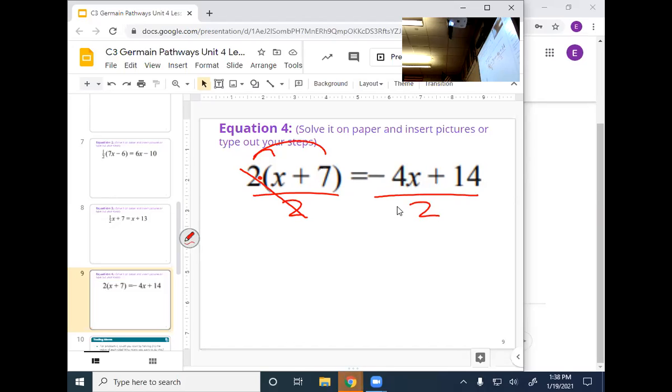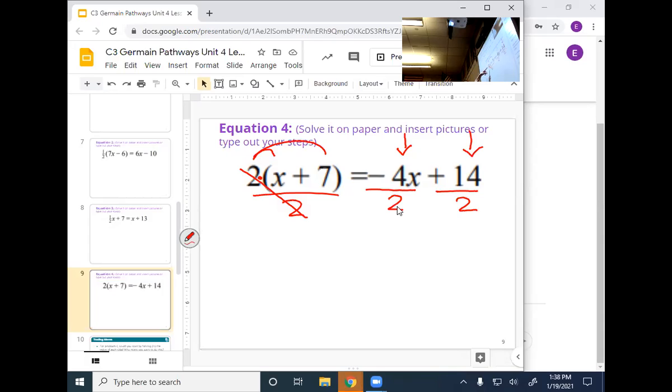And yes, that is correct, but let me show you a better way of saying that. You have to divide both of these pieces individually by 2. So I would suggest you write it like this: divide by 2, divide by 2. Because you need to divide both pieces by 2 to maintain equality. You divide by 2 on the left side, and divide both of the terms individually by 2.